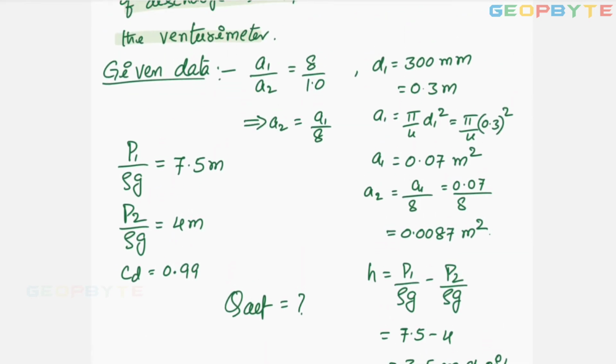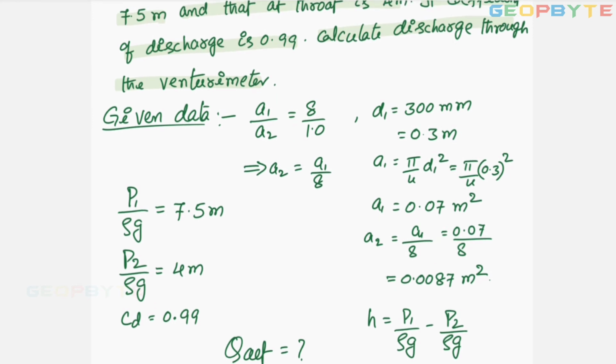Is the coefficient of discharge given? Since the coefficient of discharge is not given, calculate the discharge through the pipe. One minute.